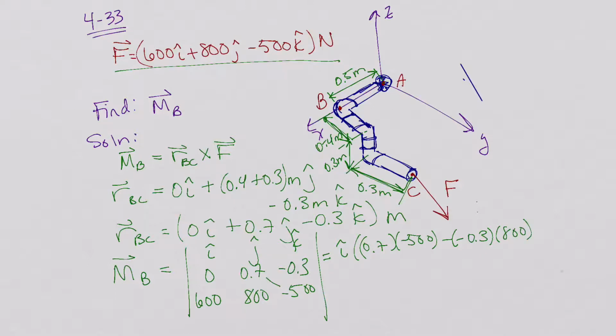So that's the I. And then we'll do the J. So minus J times, and we cross out that center one, 0 times negative 500, so that's just 0, minus negative 0.3 times 600, plus K times 0 times 800, so that would just be 0, minus 0.7 times 600.